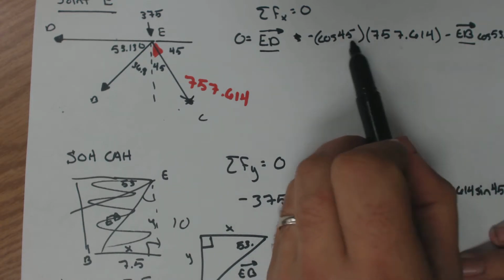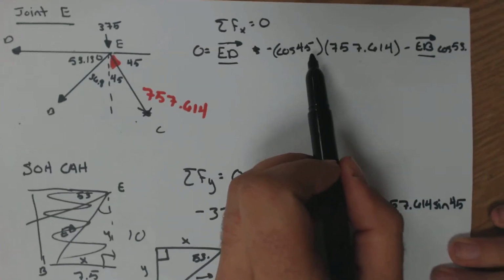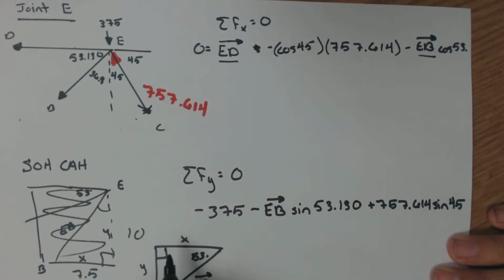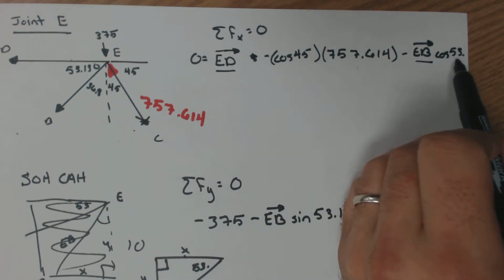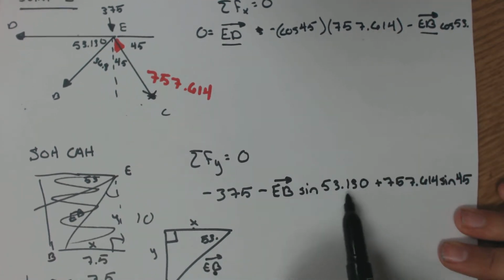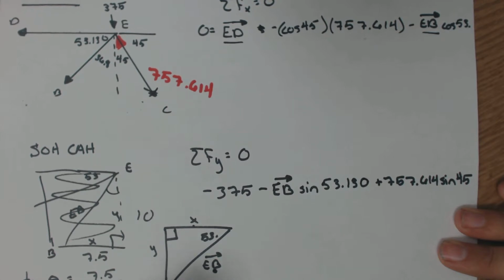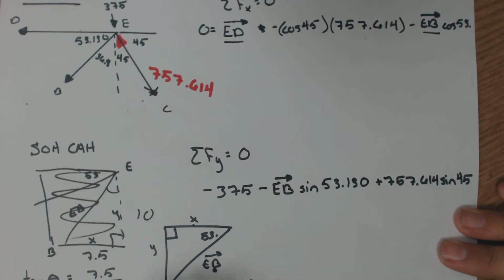So we're looking back up here now. My x component of EB is adjacent, so my x component over my hypotenuse. That's how we ended up using cosine of 53. Down here for sine of 53. Sine of 53 degrees equals opposite, or my EB y-axis, over, oh, sorry, I switched that up.